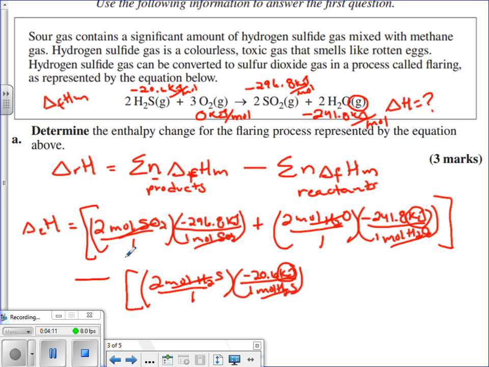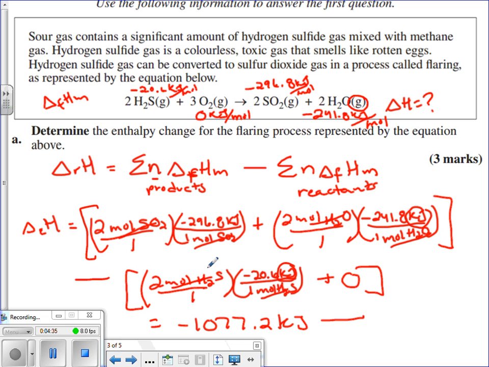If we simplify the first set of brackets, so 2 times negative 296.8 plus 2 times negative 241.8, I'm going to get negative 1077.2 kilojoules minus this last part here. I can just put a plus 0 for the oxygen because I know that the value is 0.